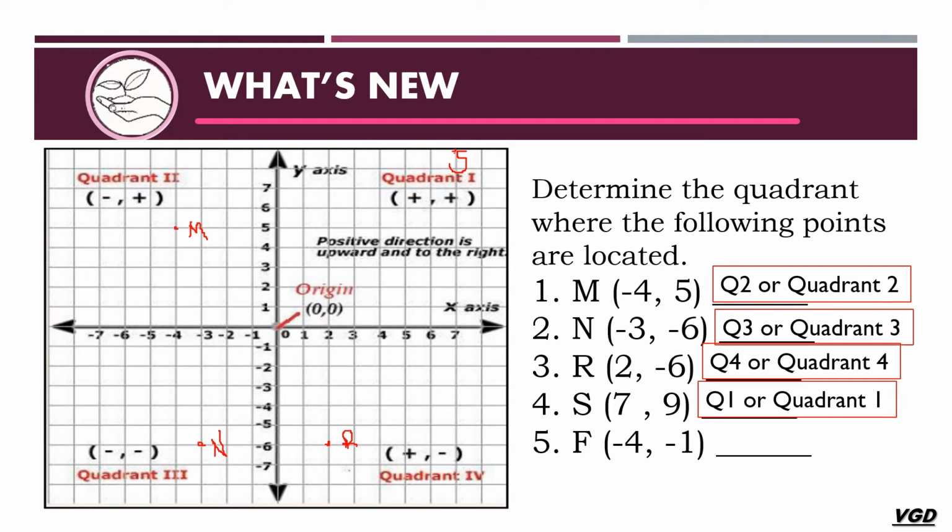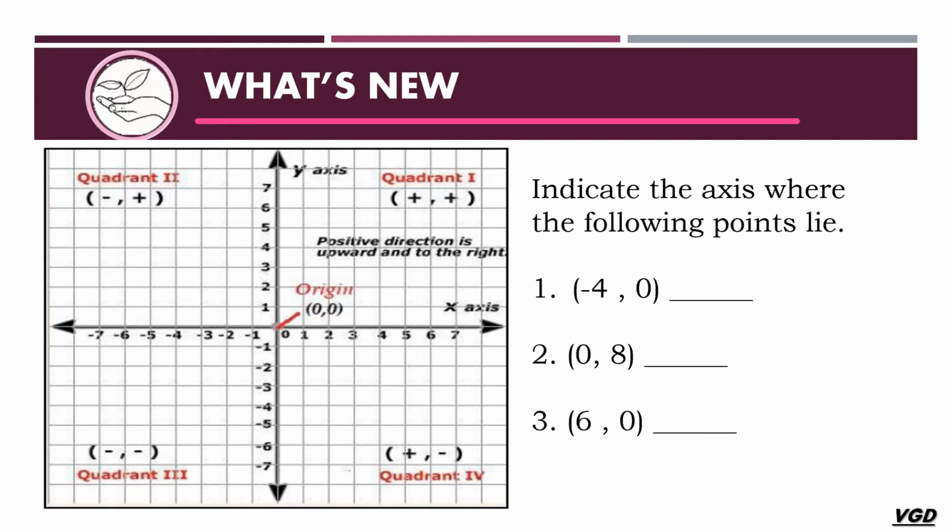And for point M, we will have negative 4 in the x-axis and negative 1. So we have here our F, and it is located in, that's correct, it's in quadrant 3. Alright, so I believe you now already know where to locate the points in our Cartesian plane. Now let's move on.